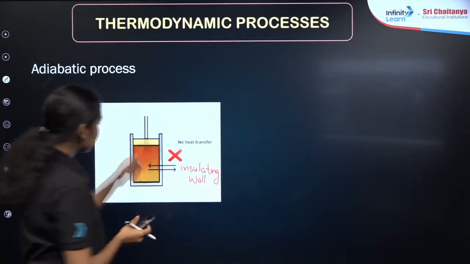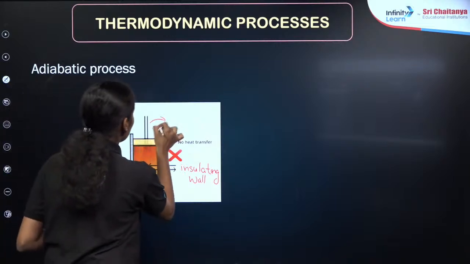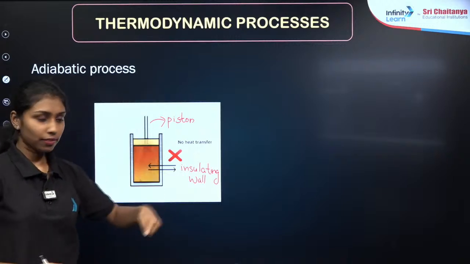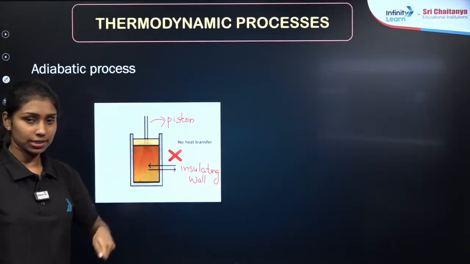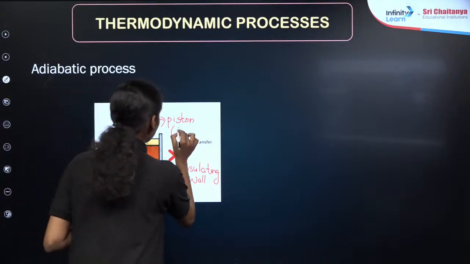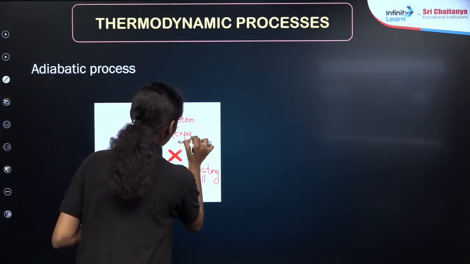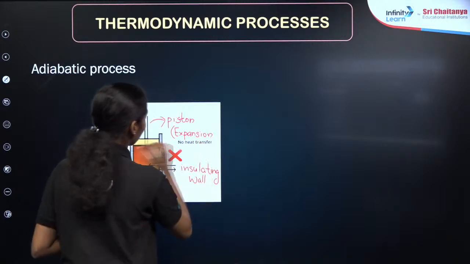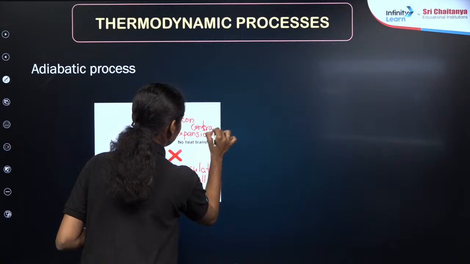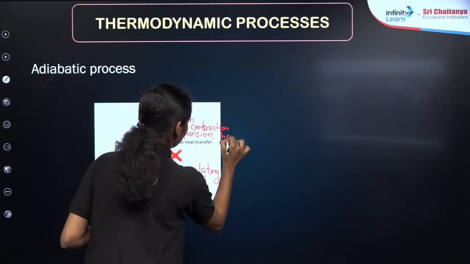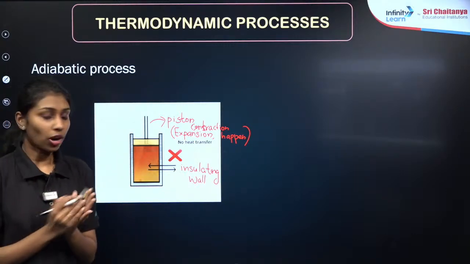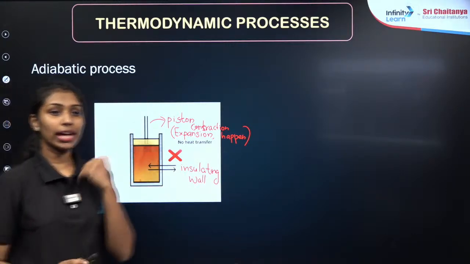But as you can see here, there is a piston. If I move the piston down, what will happen? It will start contracting. If I take up the piston, expansion will happen. Expansion or contraction happens here, but due to the presence of the insulating wall, there will be no exchange of heat.